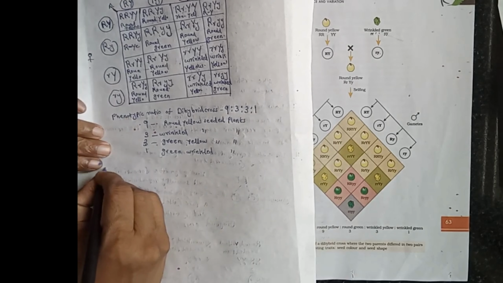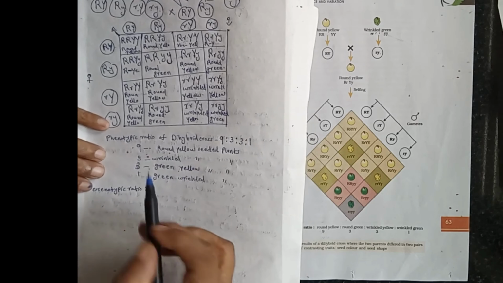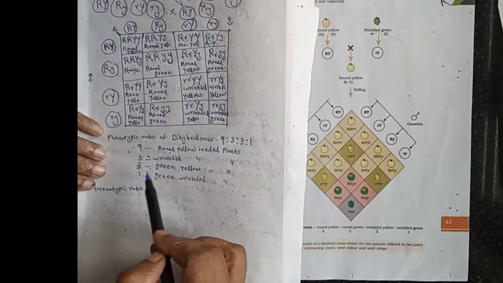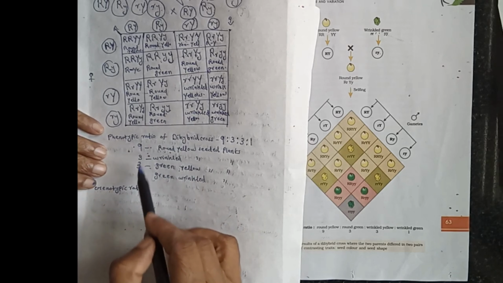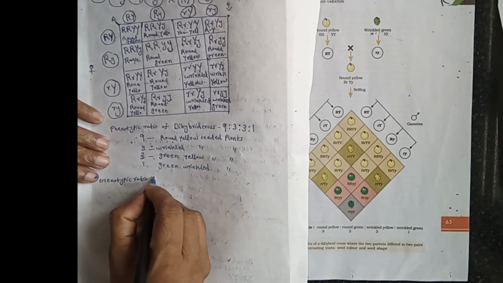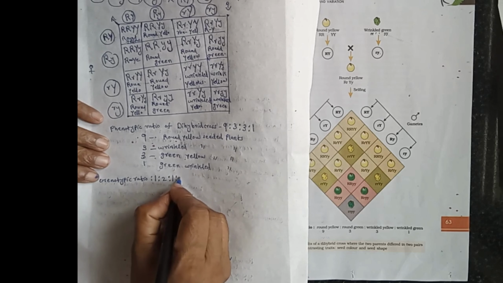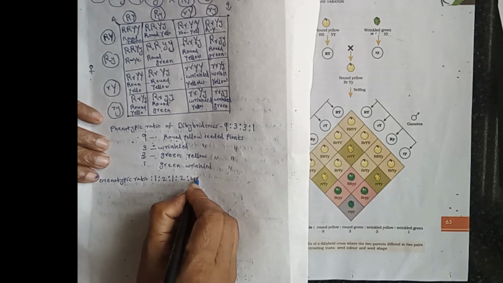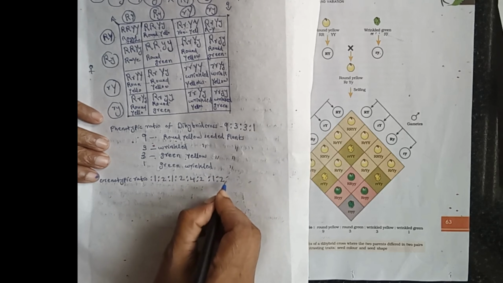Then next, genotypic ratio. If we examine the genetic constitution of all these 16 plants, we get another different ratio. That is 1:2:1, 2:4:2, 1:2:1, altogether 16.